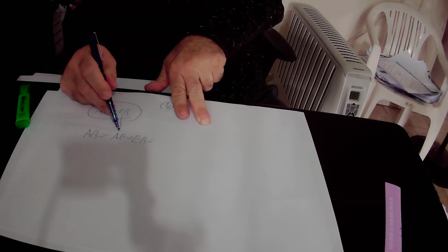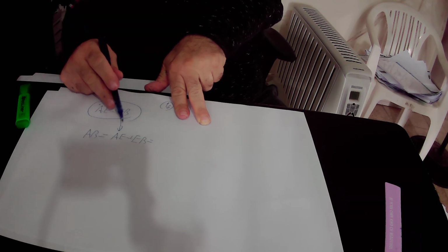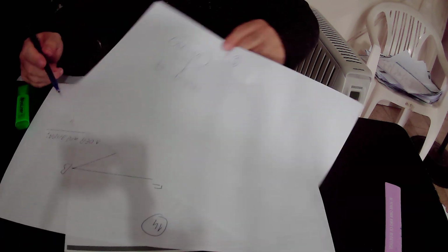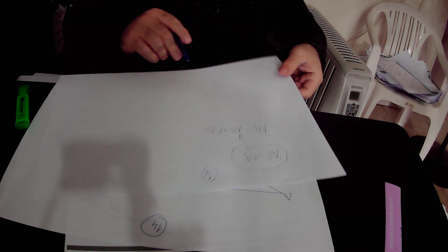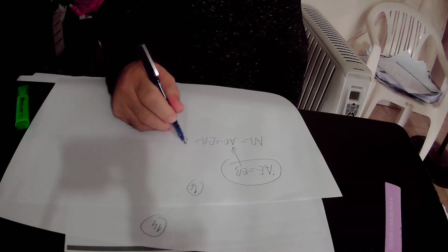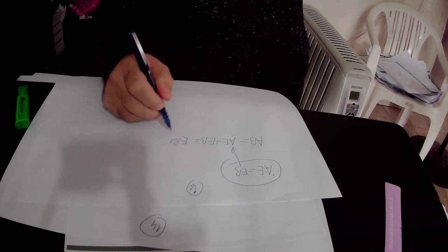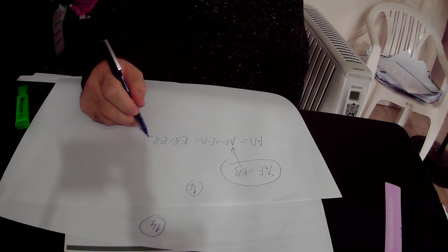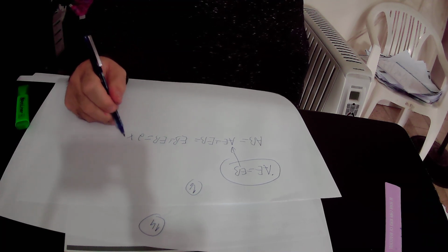We will get that AB equals EB plus EB. That is to say, AB equals 2 times EB.